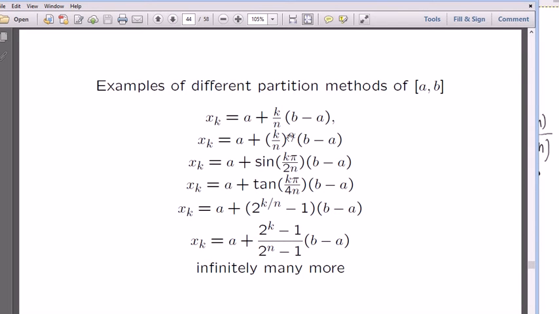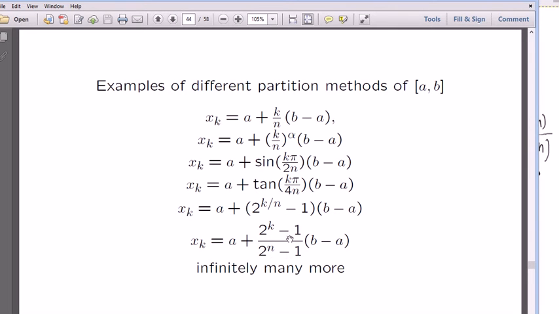So I'm choosing this part differently. All are increasing functions starting from 0 and ending at 1. All these values in here, as k varies, start from 0 and end at 1. So all this x1 through xn is distributed over that interval, but not necessarily in a regular fashion, according to this function.